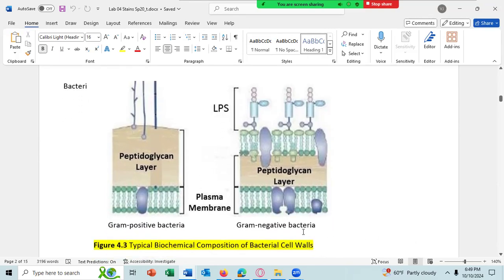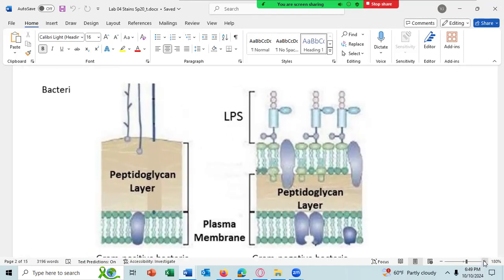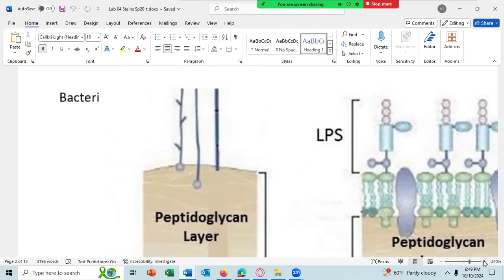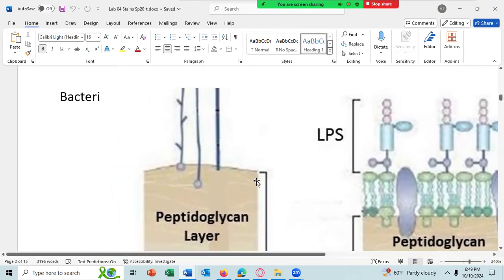Here we're seeing the peptidoglycan layer of a gram-positive cell. You can see it's very thick. And if I blow that up, you can actually see some of the different layers there. 1, 2, 3, 4, 5, right there. And there's, I don't know, over 20 there, probably 20 to 100 there.